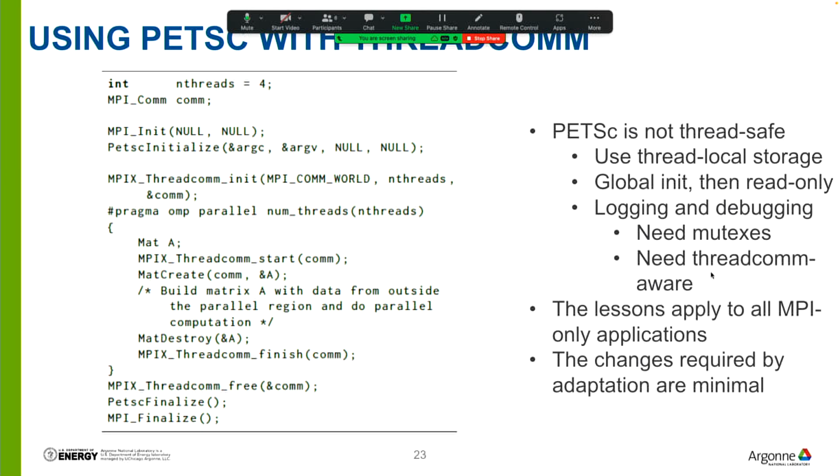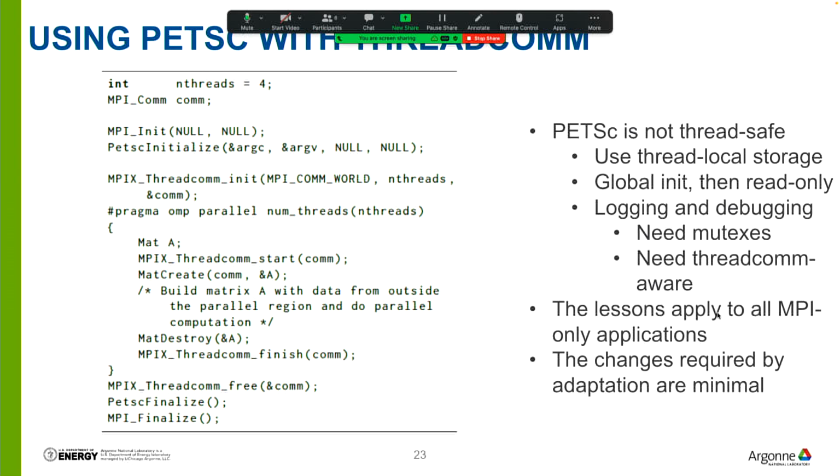Or you can use a lock to protect your writes. You need mutexes or to be thread-comm aware, so you understand. You can call MPIX to check whether it's a thread comm, then you'll know whether you should apply the lock or not.